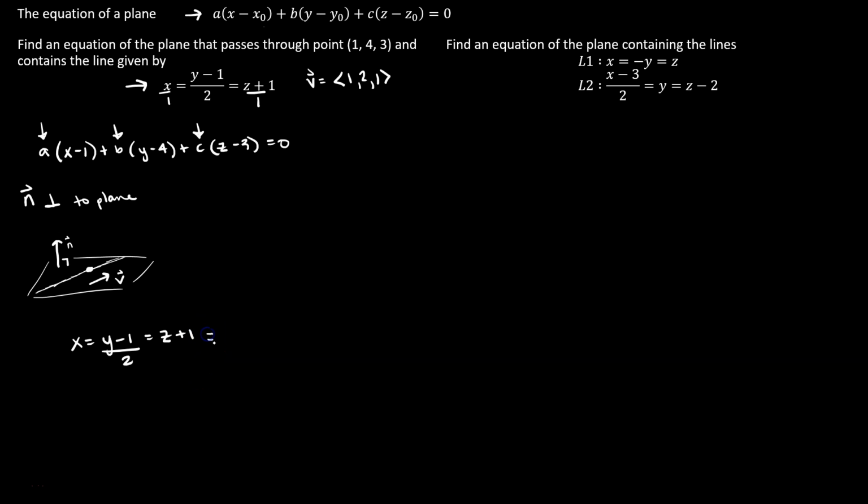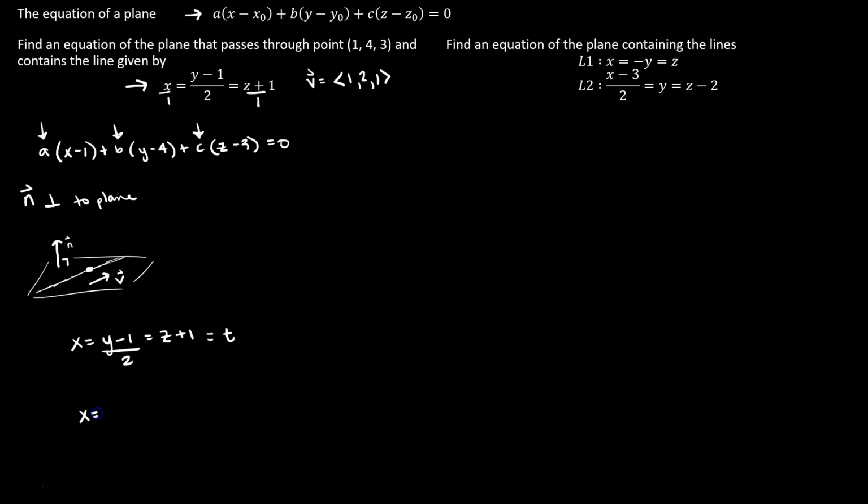Remember that this is equal to some parameter. I'll call it t. So if I pick a value for t, I'll be able to find x, y, and z. If I pick t equal to 0, then I can separate this into 3 equations.